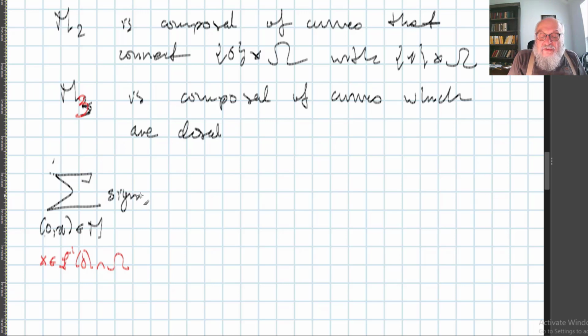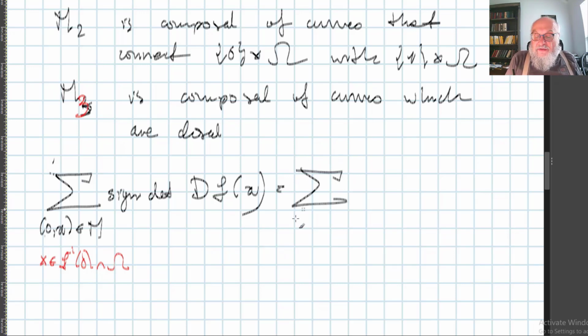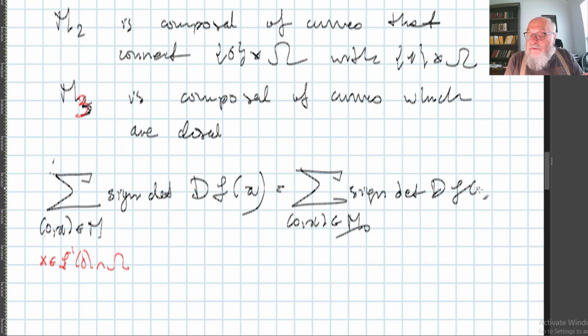So now I can write it down. Signum determinant of df at x, and now we can rewrite it. So of course there are two possibilities. First of all, here we have 0x belongs to M0, and this will be signum determinant df of x.